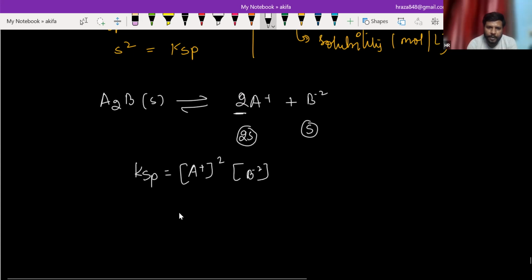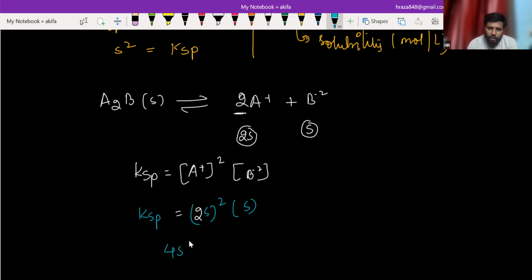A plus has solubility 2S, so the square of 2S, and again S. So 2 squared is 4, giving 4S cubed, which is equal to KSP.